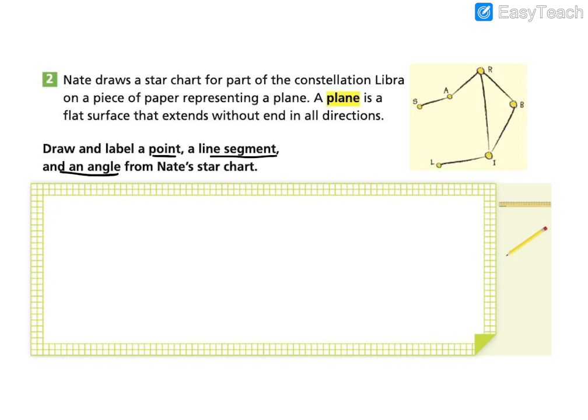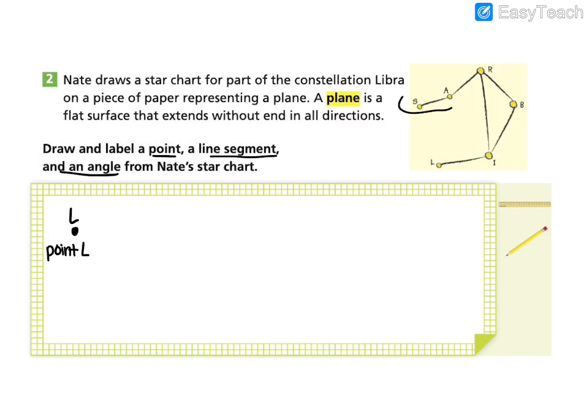So for our point, we can pick any of these points. Each point is labeled with a letter. I'm just going to pick point L. Okay, so there we have it. Point L. Now we also need to find a line segment.